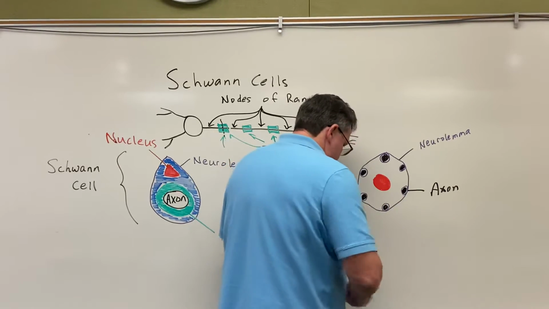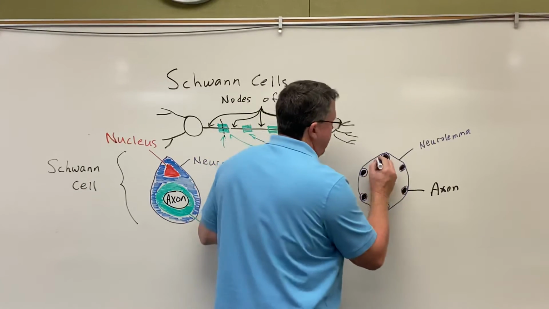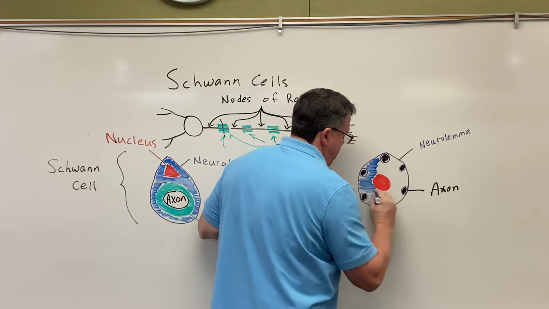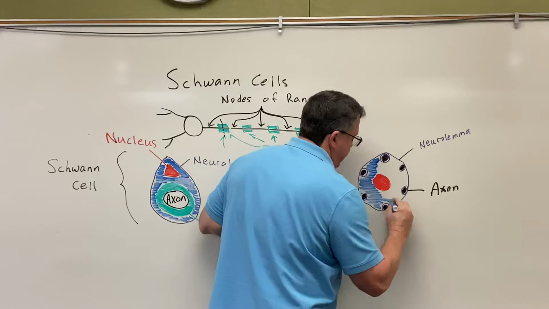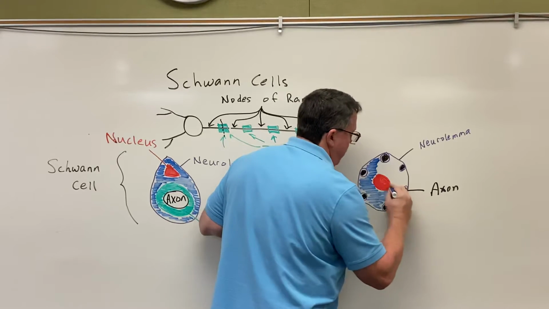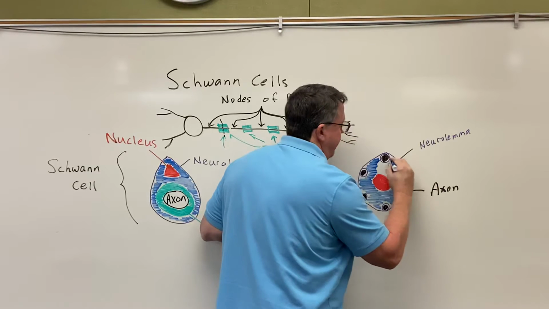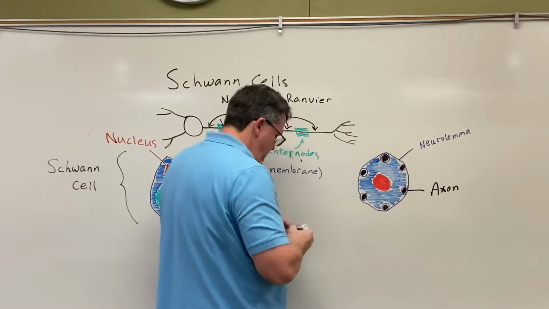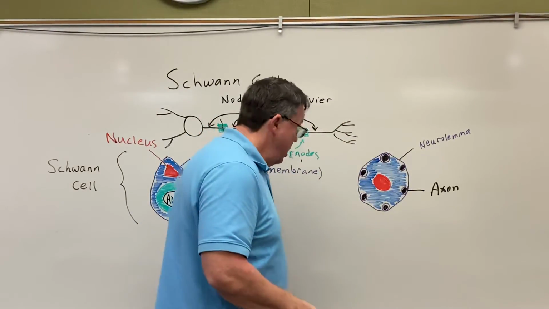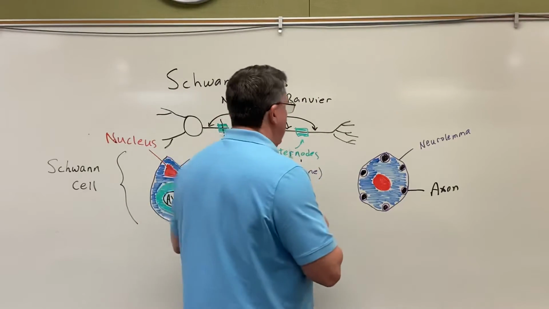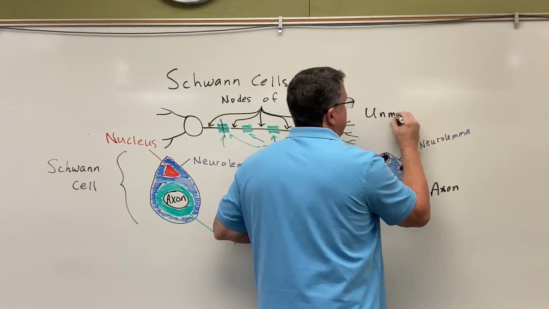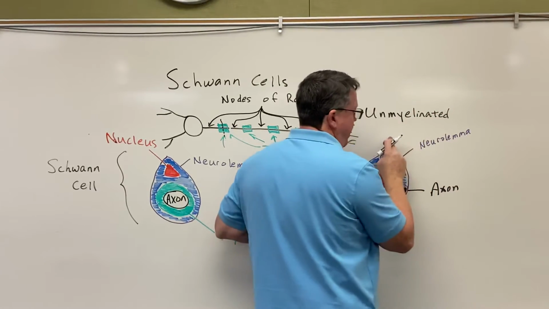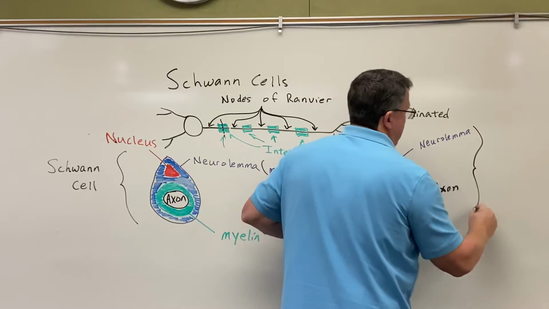All right, and then I'm going to have my cytoplasm and my other types of other organelles. So that's just going to be the inside here. Okay, so this Schwann cell here, as you can see, holds more than one axon. And just to clarify, this is unmyelinated fibers. Right? This is going to be unmyelinated. It's still my Schwann cell.